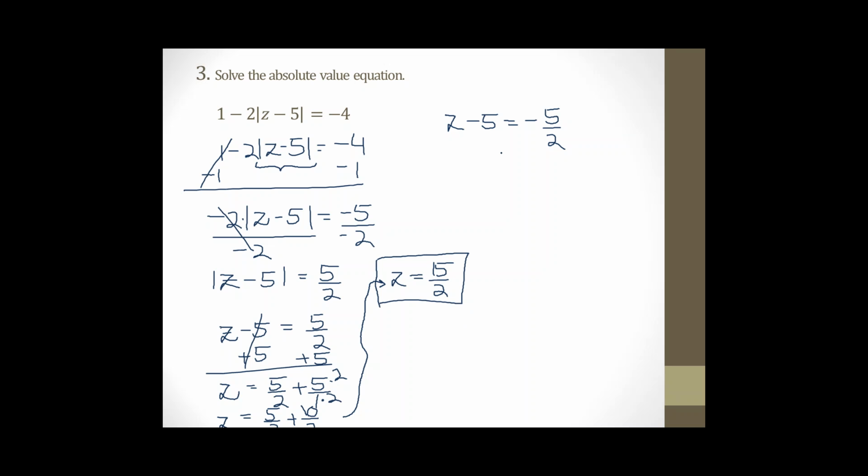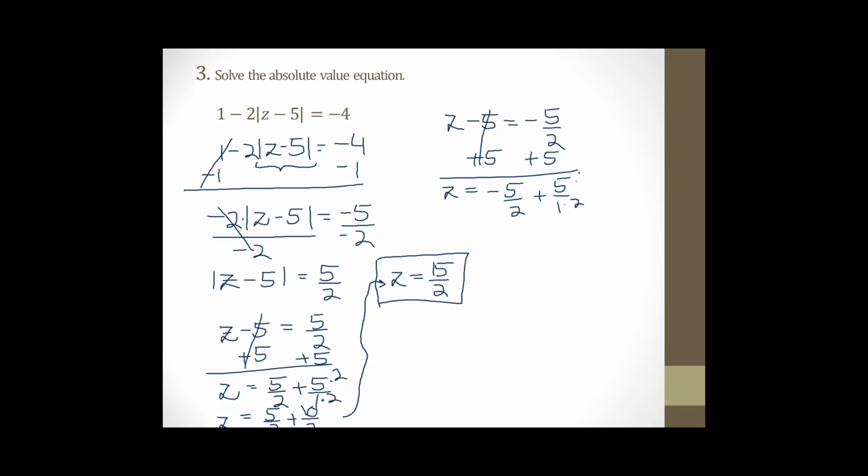And then my second equation is right here. So again, I have to add 5 to both sides. And I am getting -5/2 plus 5. Again, I have to find the least common denominator, which is 2.